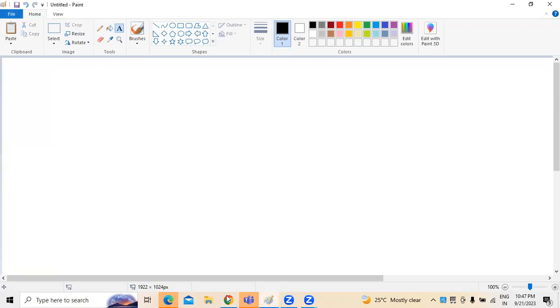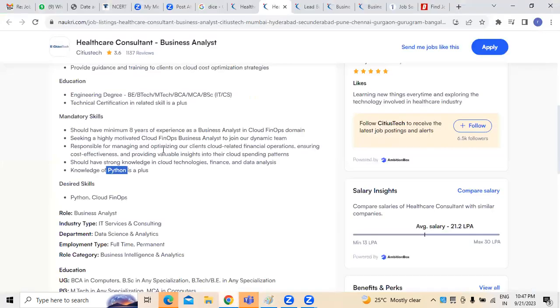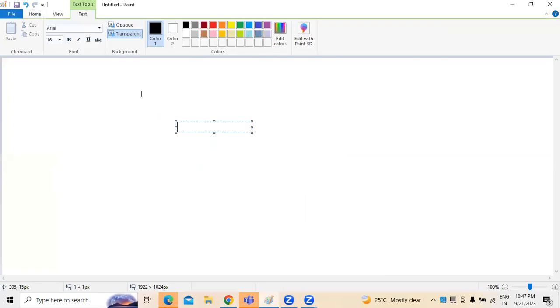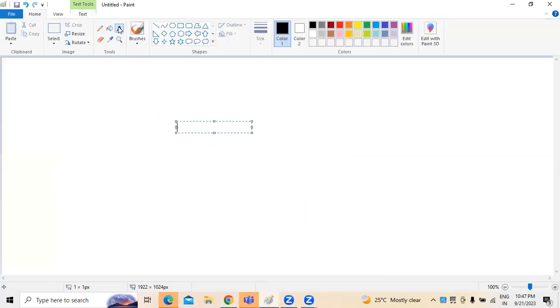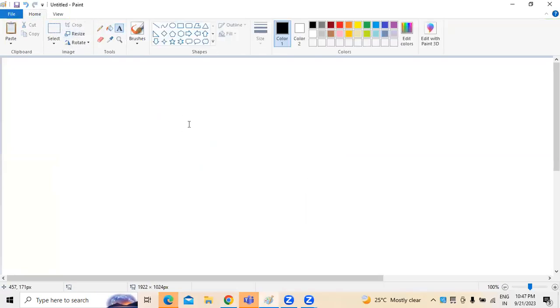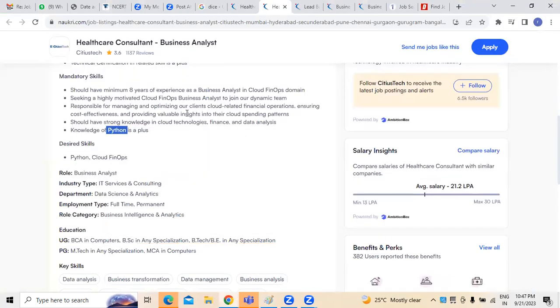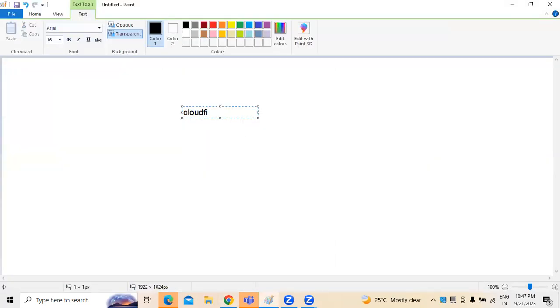For example, if you take this profile into consideration, what they want is someone who has experience in cloud financial operations.